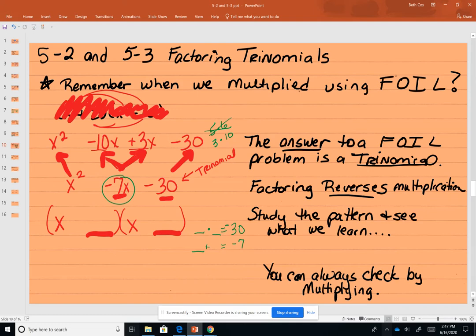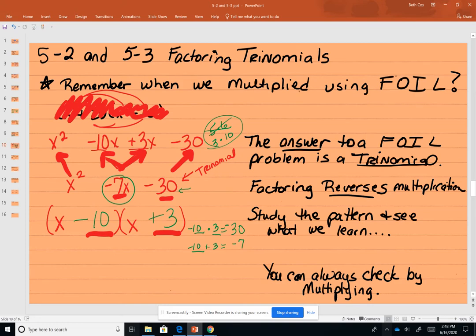It's only the 10 and the 3, and it's technically a negative 10 and a positive 3. So just looking at this number, I look at what it breaks down into, the factors of 30 that will give me the 7 in the middle. And so that would give me the negative 10 and the positive 3. And that's kind of what's going on here.